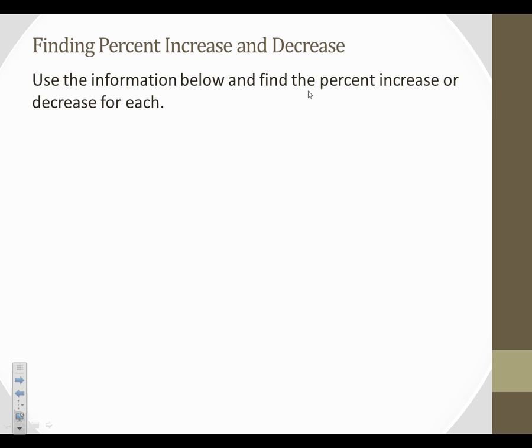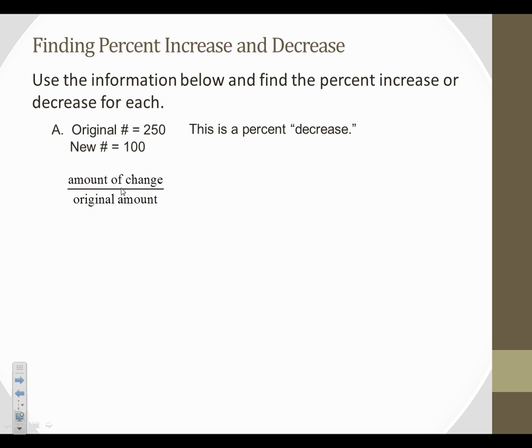Use the information below and find the percent increase or decrease for each. So if I tell you the original is 250 and the new amount is 100, then hopefully you can understand that the original went down to 100, so that is going to be a percent decrease. We still have to find the amount of change, so I subtract 250 minus 100 and put it over the original.